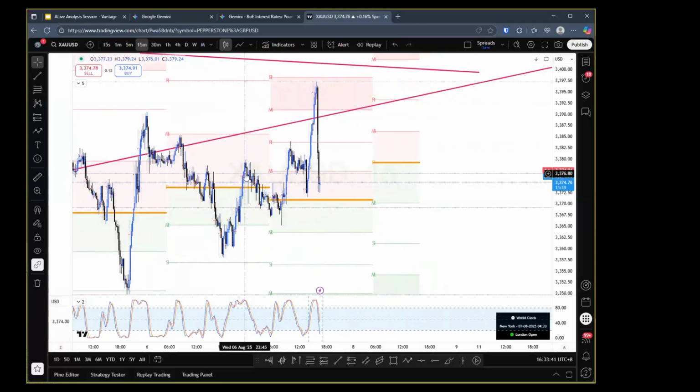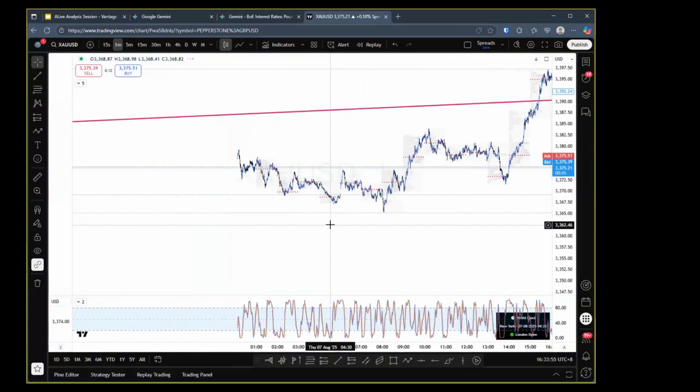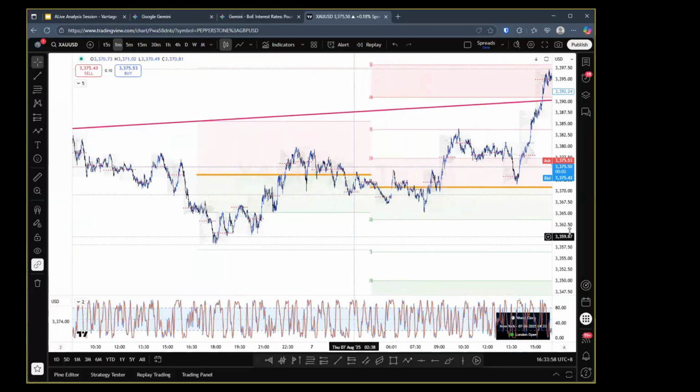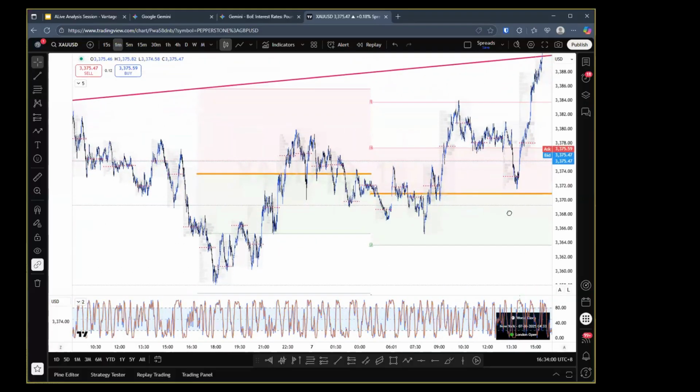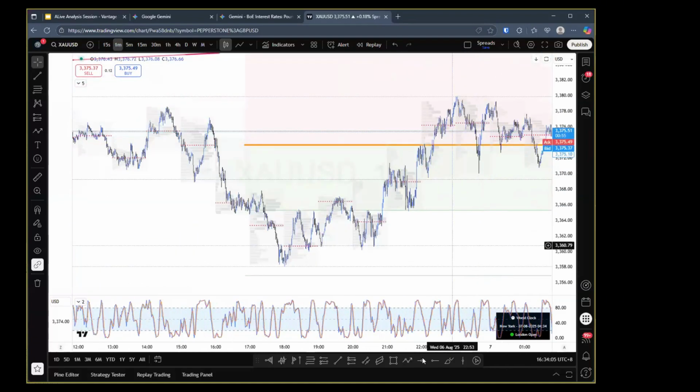If you have too many sellers in the market, the sellers themselves become the buyers when they get impatient and they try to get out of the market. So you need to be careful when the area becomes too obvious. You just want to make sure that you understand the dynamics of having too many sellers in the market.